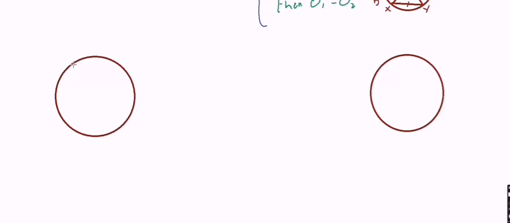So we can have a point from here to there, another from here to there, and then this and that. This one by definition is going to be a cyclic quadrilateral. I don't need any sides to be equal.